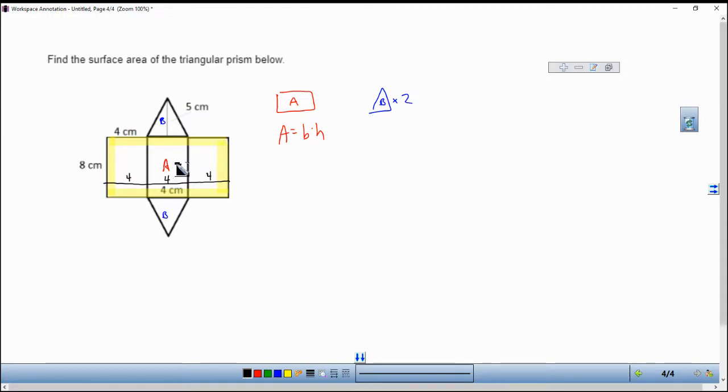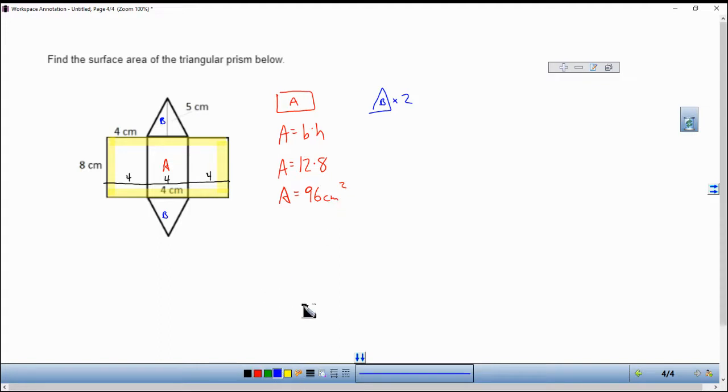But this would be 4 as well. So we have 4 plus 4 plus 4. So the base of A is 12, and the height is 8. 12 times 8 is 96. 96 centimeters squared.